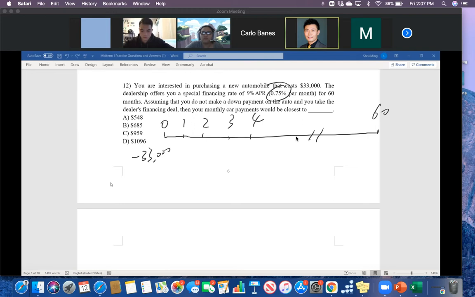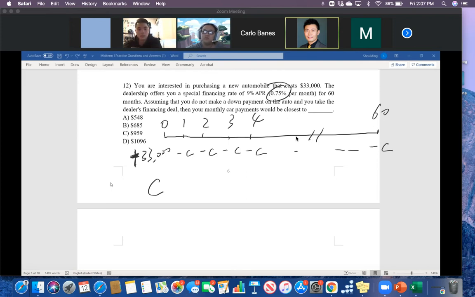Since you borrow some money, the first cash flow should be positive, a cash inflow. Then later on you pay some money back, again and again. So in this case, we want to calculate the C, the periodic payment.